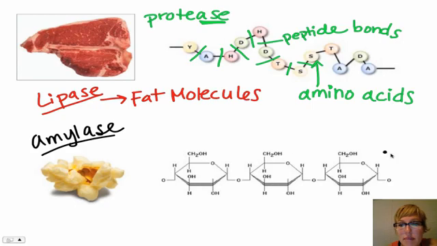So we're just going to imagine that this is thousands and thousands of glucose molecules long, and this amylase breaks down these glycosidic bonds between the glucose molecules and gives you some disaccharides and some really, really short polysaccharides.